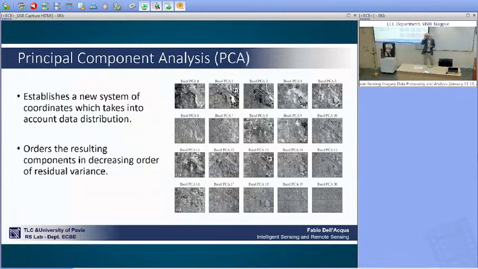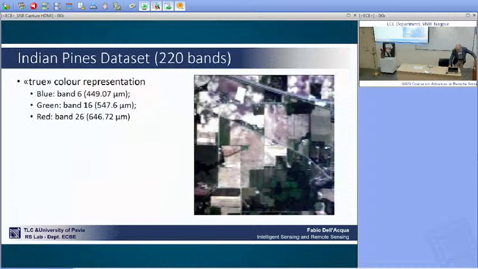Because as I didn't express it clearly, one big issue when you have so many bands is that you're generating correlated information. Like if you take, for example, this is a benchmark data set, a typical one. This has been in use for decades.